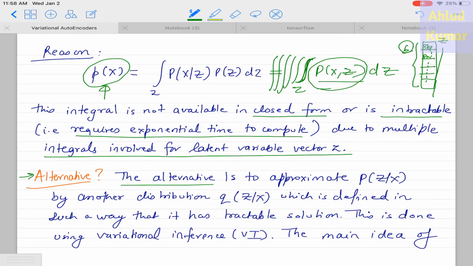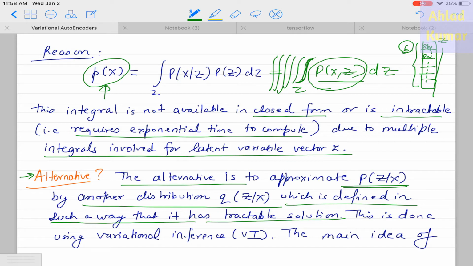Yes, the alternative is to approximate p of z given x by another distribution q of z given x, which is defined in such a way that it has a tractable solution. This is done through variational inference.